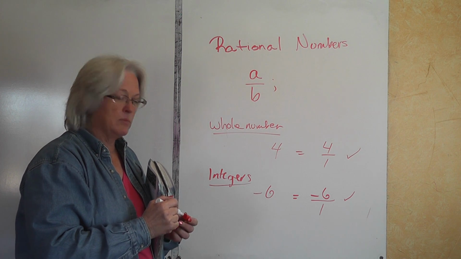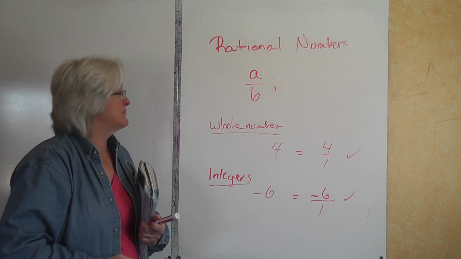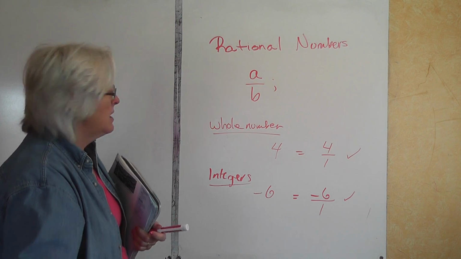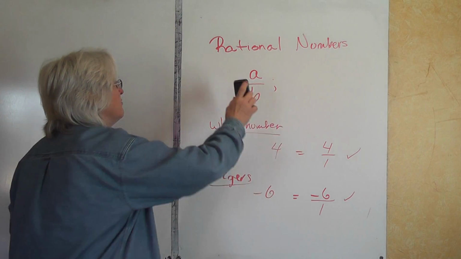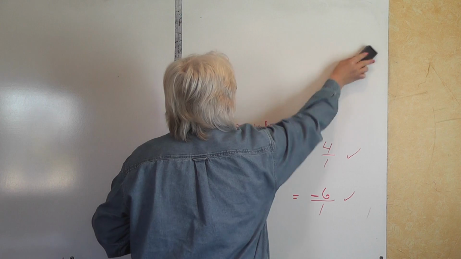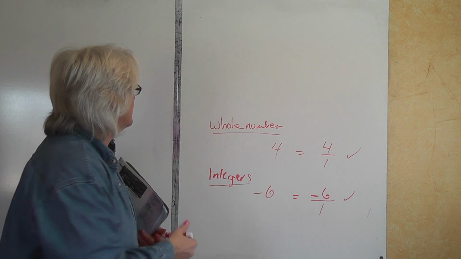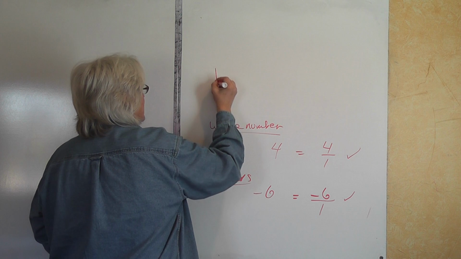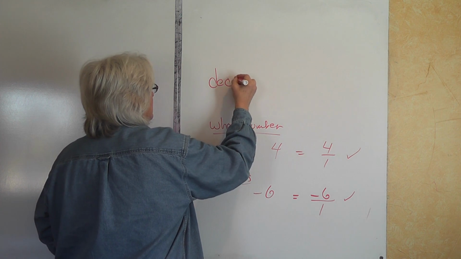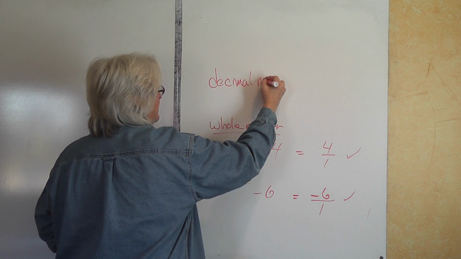Any number divided by 1 doesn't change its value, so those are pretty obvious. But what would happen if we had a decimal number? Is a decimal number also a rational number?